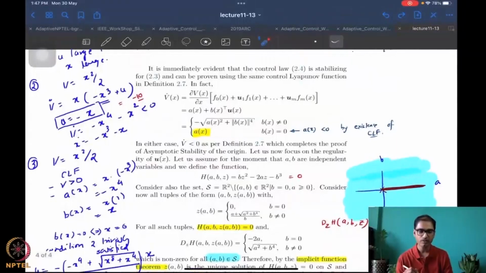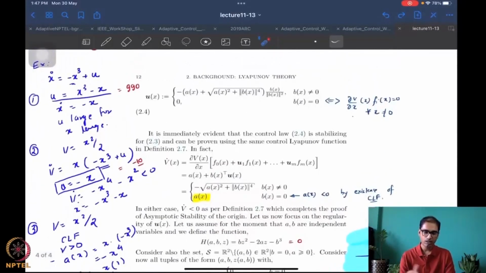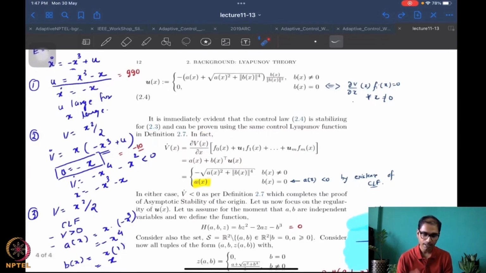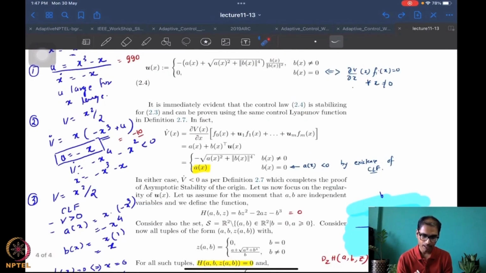There's also a proof here which I'm not going to go through, but you can compute V dot using our standard way of computing V dot, which is del V del x times the dynamics. For this control affine system, if I plug in the control U, the vector of U1 to UM, you get A(x) plus B(x) transpose U, and you essentially get this expression.